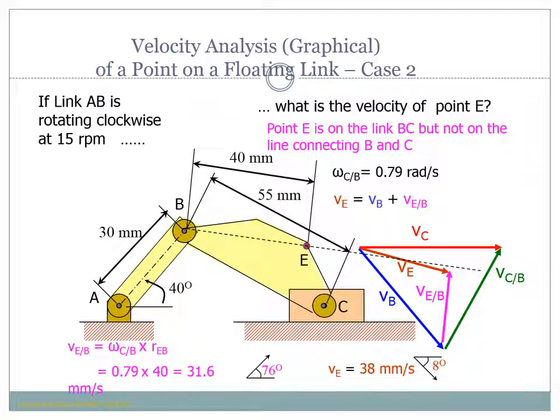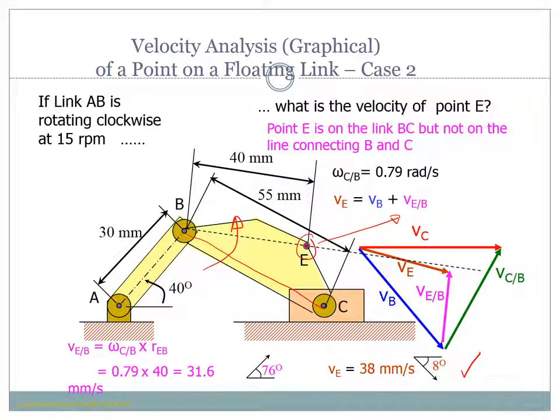So we have done this. In order to find VE, you need to find VEB, and this depends on the angular velocity, which is equal to omega CB.